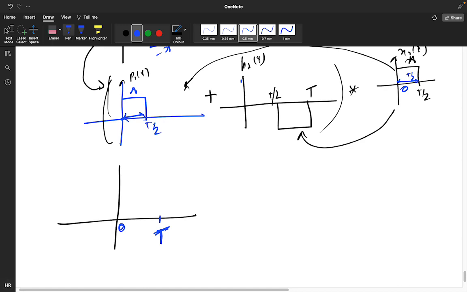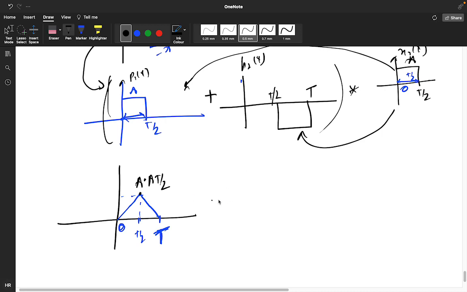And t by 2 plus 0, t by 2 will come. T by 2 plus 0, t by 2. And t by 2 plus 0 also, t will come. So the result is getting like this only. And this value will be a square by t by 2. What is the first width? So a into t by 2.